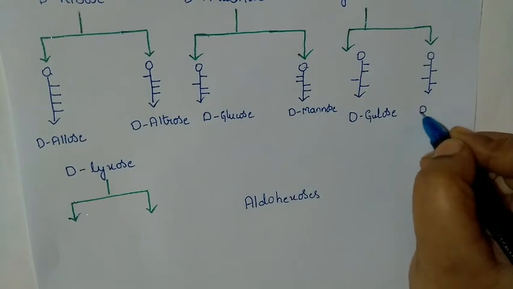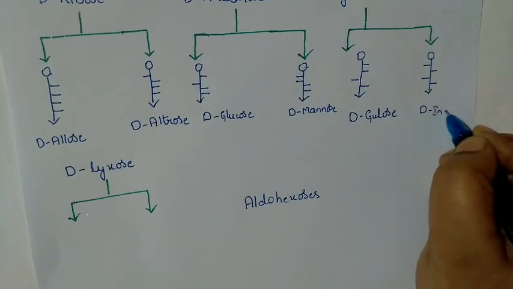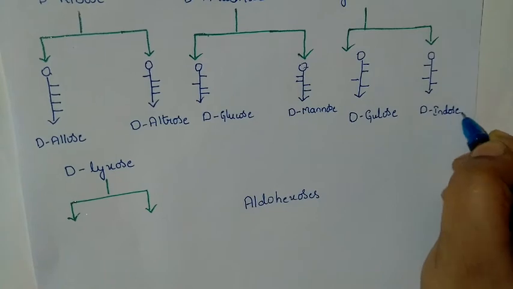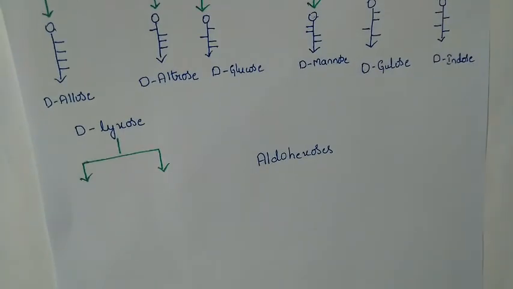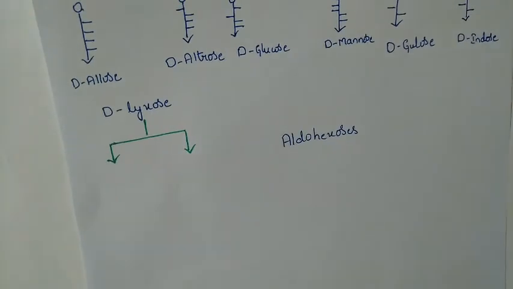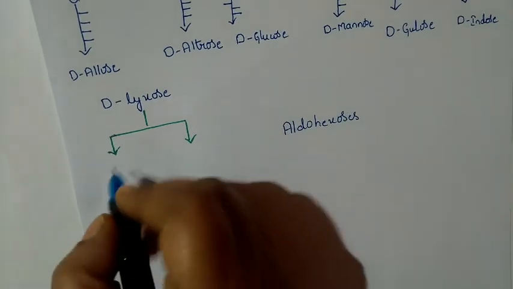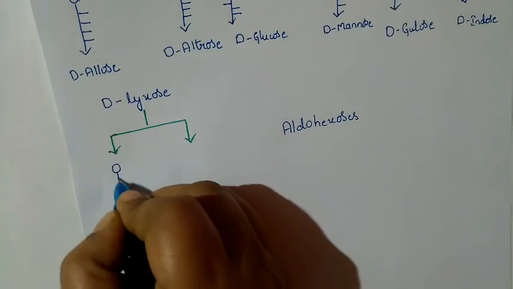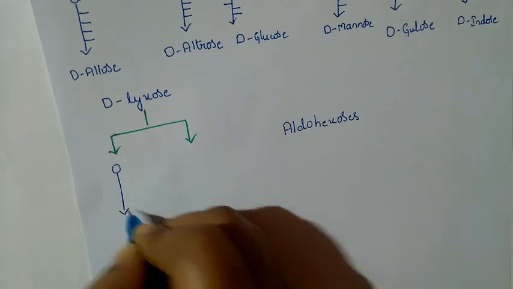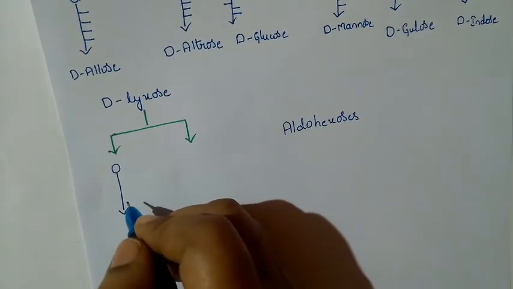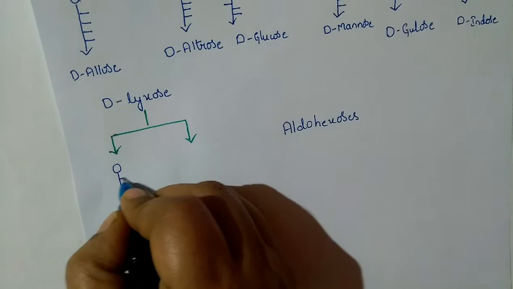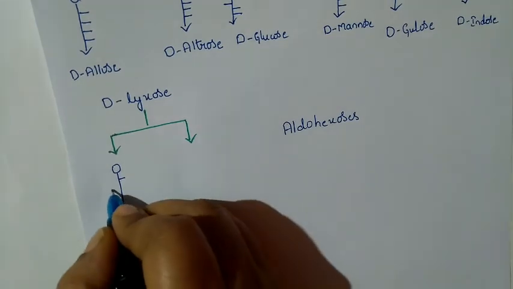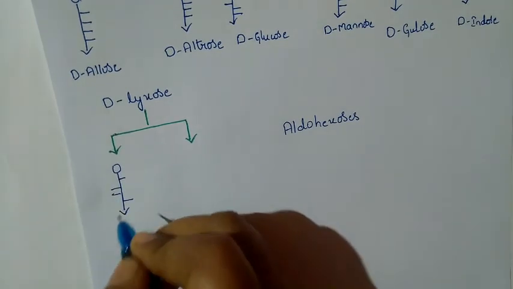Next, D-lyxose also once again gives two isomers. So it is D-lyxose. So 1, 2 to the side and this side.